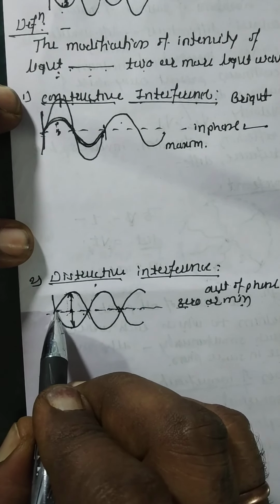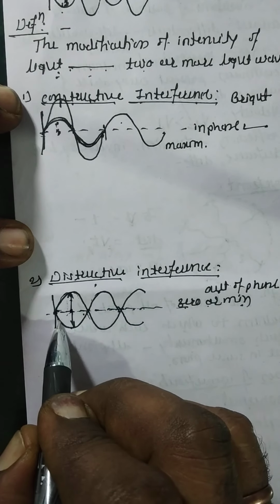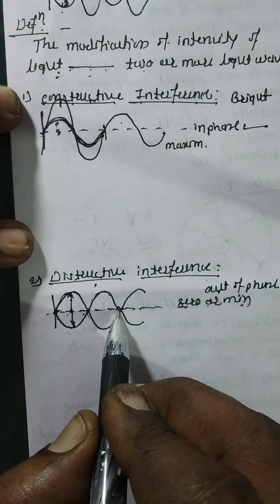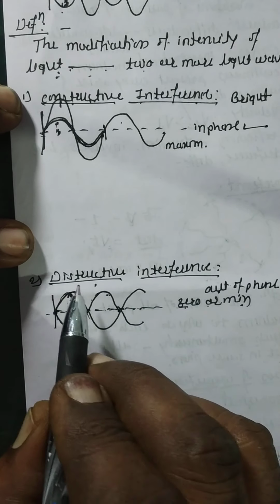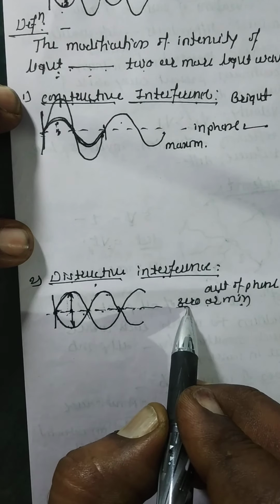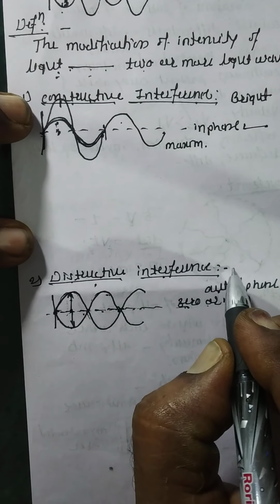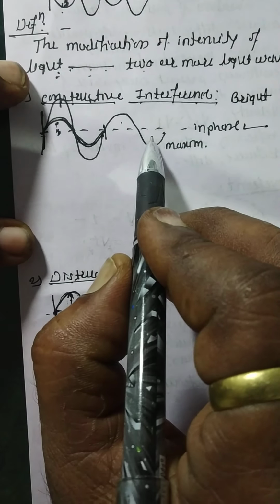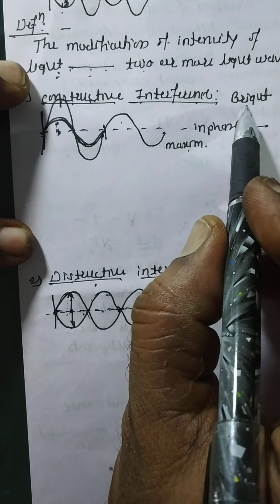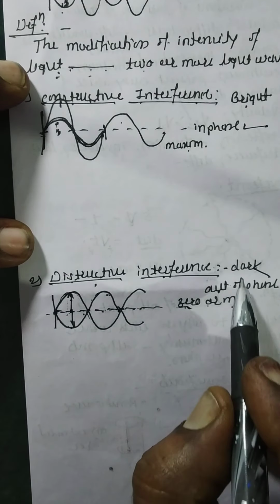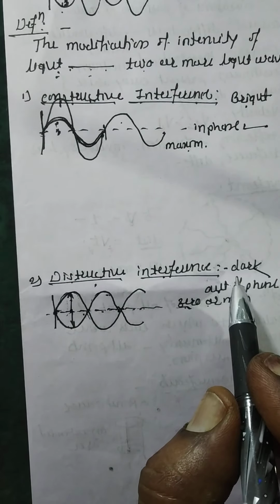In this case, crest due to one wave is coincided with trough due to other, or trough due to one wave is coincided with crest due to other. Such an interference is called as destructive interference. Resultant intensity is 0 and therefore corresponding point is dark. If resultant intensity is maximum, then corresponding point is bright. And if resultant intensity is 0 or minimum, then corresponding point is dark.